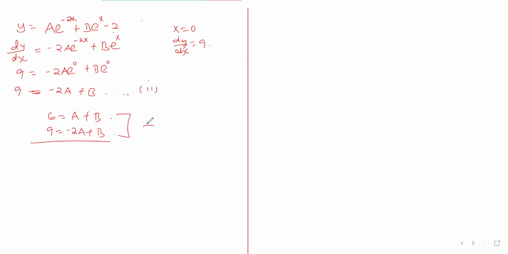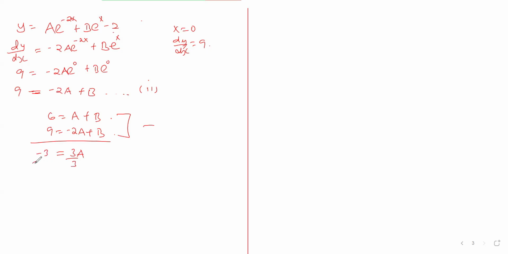Elimination method, subtract. I want us to get the value of a, so it is easier to eliminate b. So b minus that one gives you that. So a minus negative 2a gives you 3a, equals 6 minus 9, which gives you negative 3.